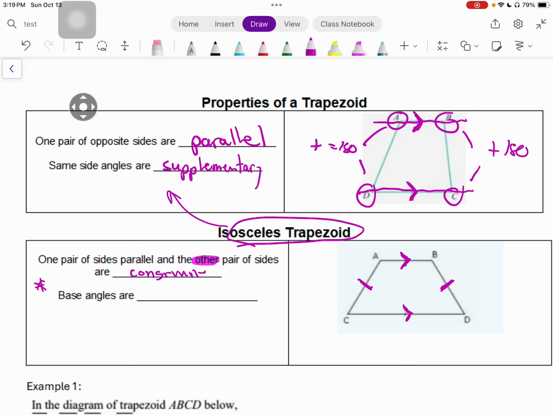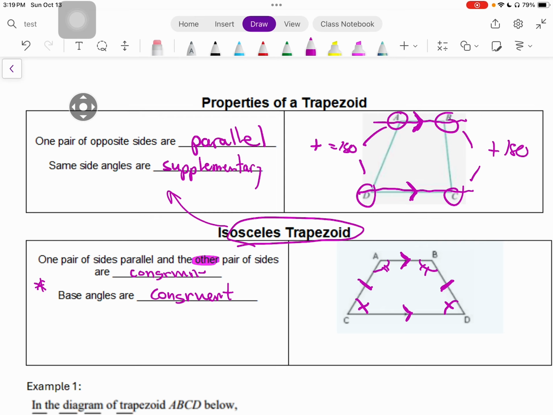It says that base angles are congruent, which is just like our isosceles triangle. It means that C is the same as D, and A is the same as B. So those are our sets of properties for our trapezoid and our isosceles trapezoid.